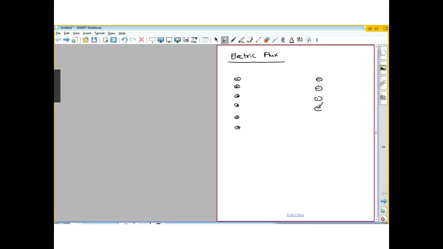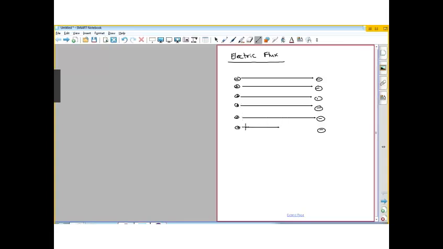The electric field lines between these positive charges and negative charges are not going to look exactly like this, but it's going to give you a fairly straight line between the two. And the more charges you have on both sides, the more this approximates a correct assumption. So those are electric field lines.